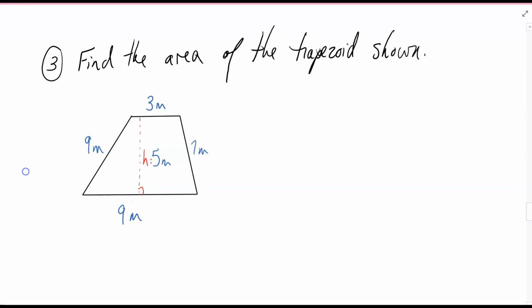Okay, working on the area of a trapezoid. A trapezoid has two sets of parallel sides. The area is given by the formula 1/2 times the height, and we must add the parallel bases together. So that is 3 meters.